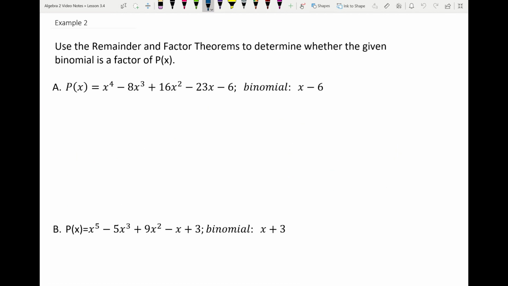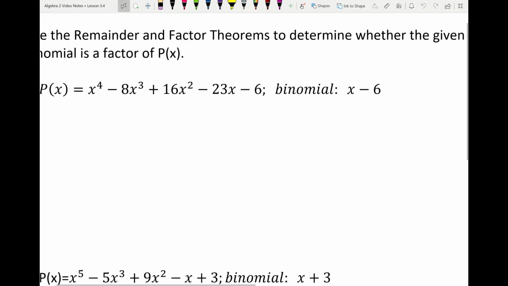All right, so how do we use them? So the remainder and the factor theorems, you want to use them to determine whether the given binomial is a factor of p of x. So they give us p of x, our dividend, I guess you could say, and our binomial, x minus 6. So two ways that you can determine whether it is a factor, right?